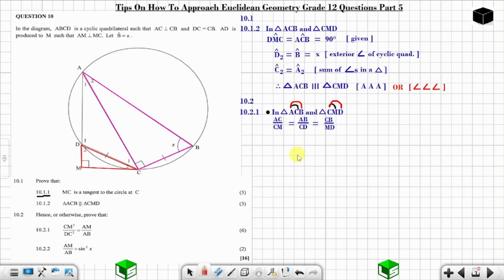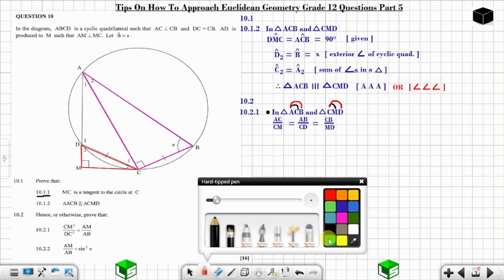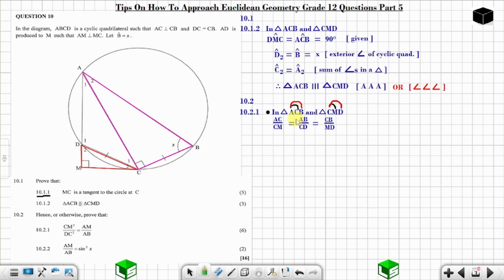Equal to, now second and third letter over second and third letter: CB over MD. So you have your proportionality equation. The reason why you can write it is you have similar triangles.